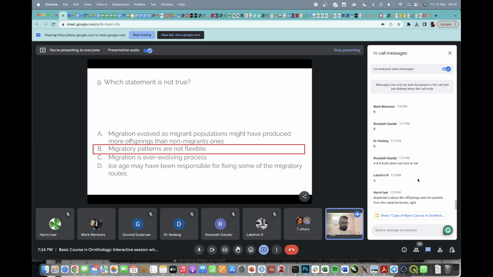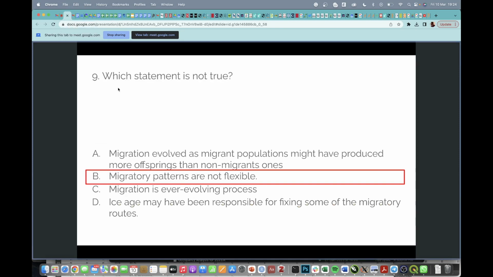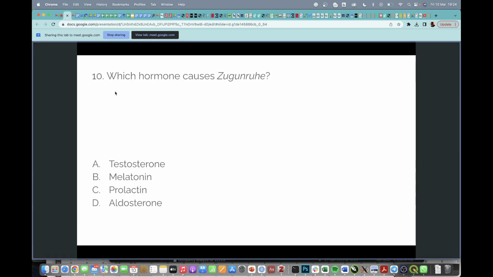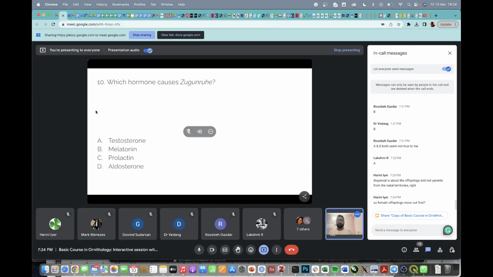So Harini is saying dispersal is about the offspring and not the parents from the natal territories, right? Yes, Harini, it's the offspring that have recently become adults. It's not a generalization. I can't talk about all the tropical birds, or about Indian birds in particular.